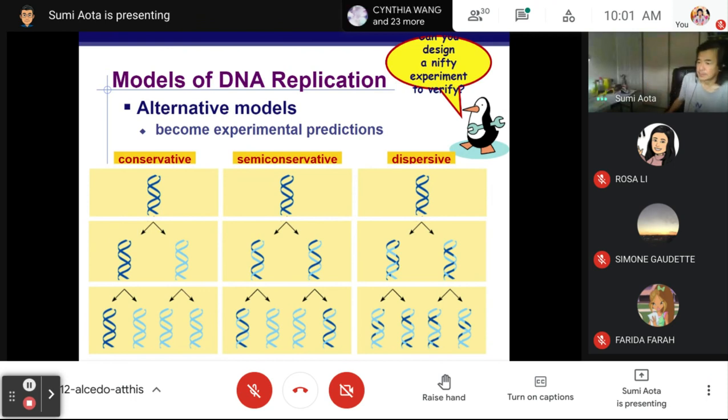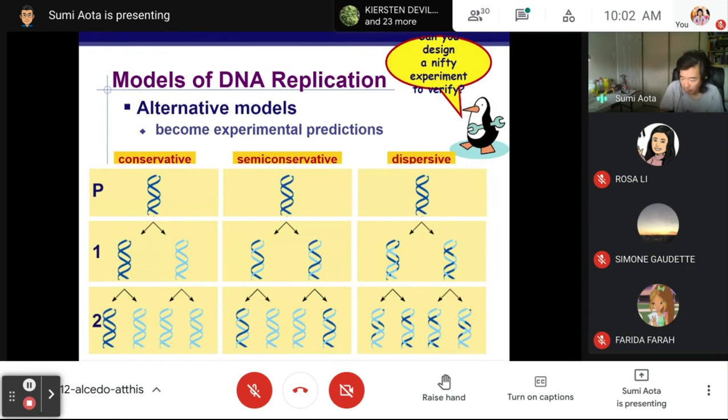Okay, so let's look at the experiment. The first line obviously is labeled P. This is the parental generation. 1 is the first generation born after the parents, and 2 is the second generation born after the parents.